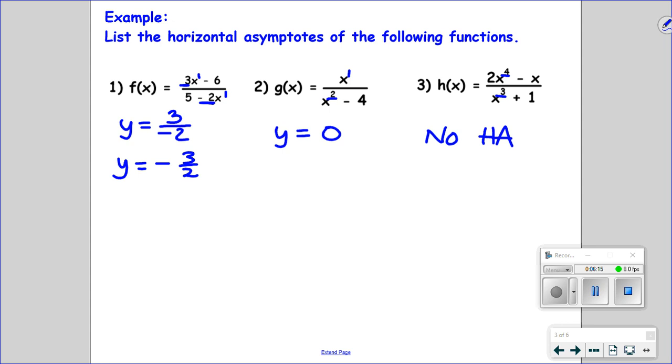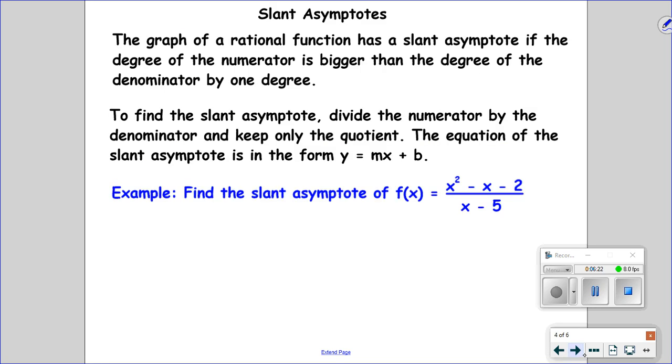Okay, there is one more scenario that can happen when the degree of the numerator is bigger, and that is called a slant asymptote. So the graph of a rational function has a slant asymptote if the degree of the numerator is bigger than the degree of the denominator by exactly 1 degree.